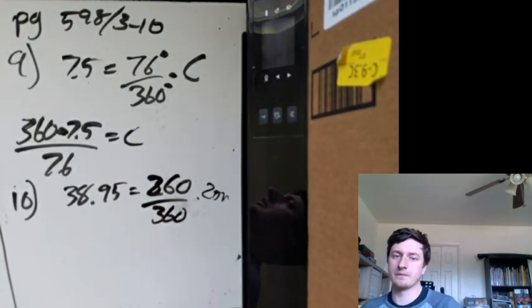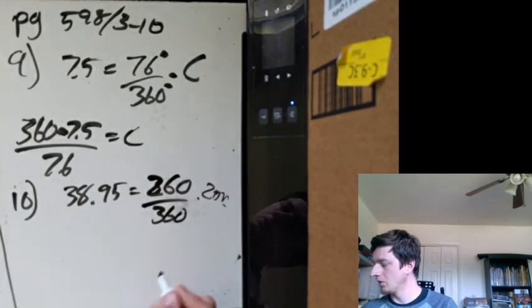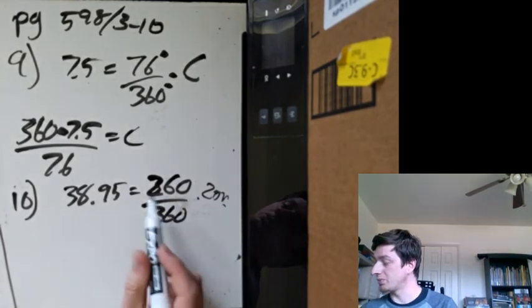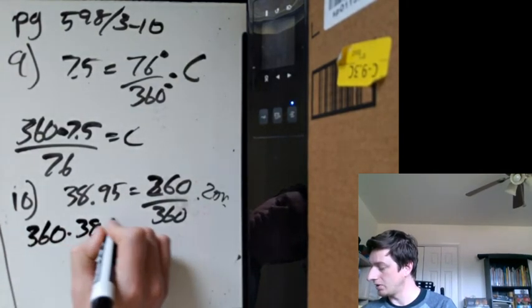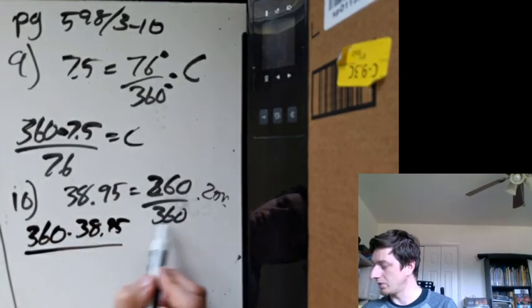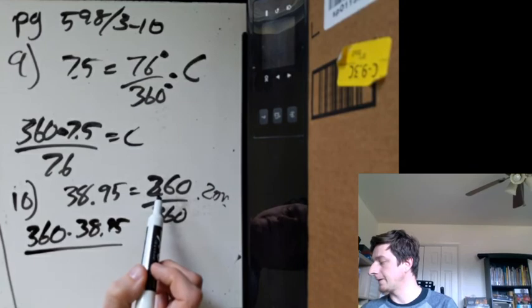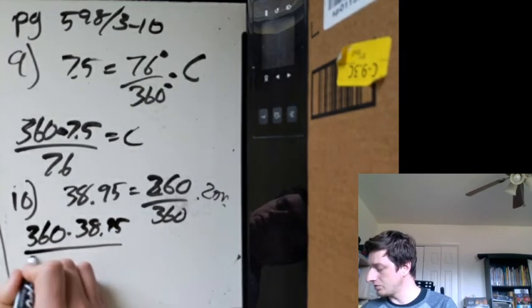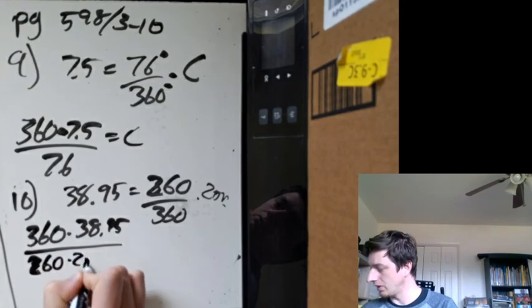r here, the radius. What we would do is we would multiply and divide. So 360 times 38.95 divided by, we multiply by 360, multiply this by 360. We would divide by 2 pi and 260, 2 pi.